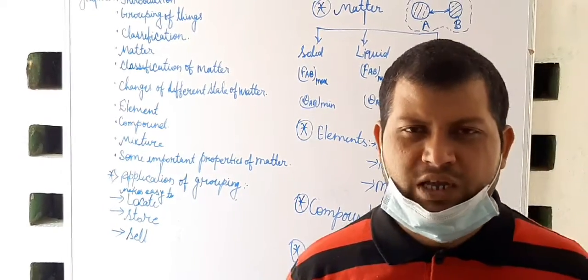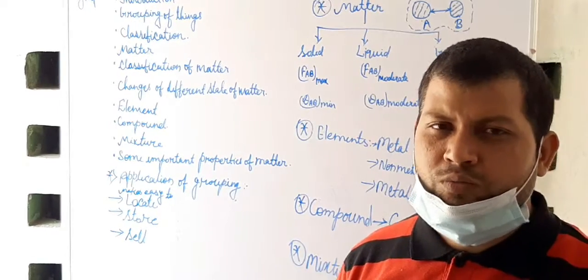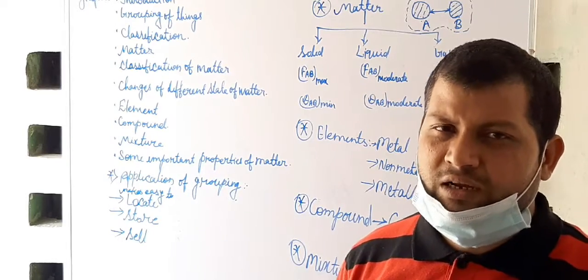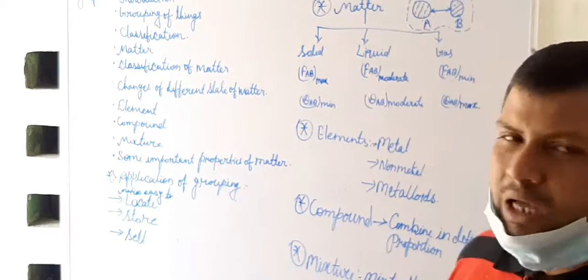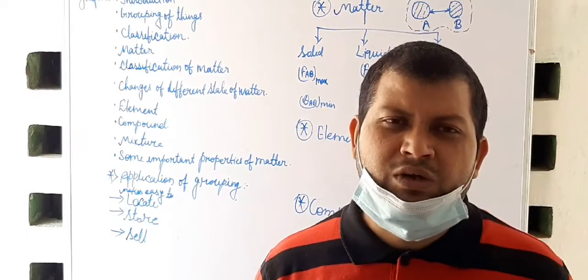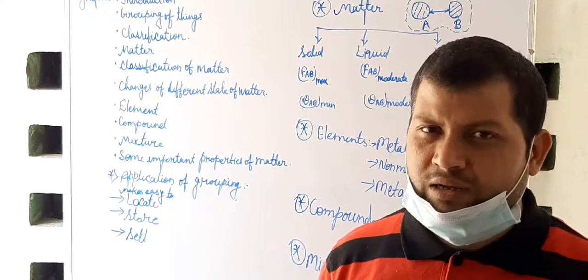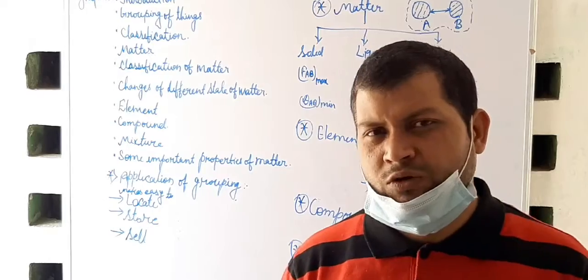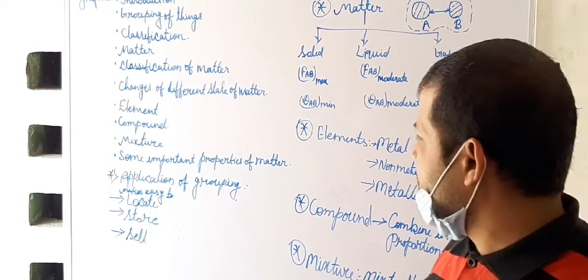Here sodium and chlorine combine to form a new product called salt, sodium chloride, and it is an example of a compound. Another example of a compound is H2O, water. It is a combination of hydrogen and oxygen in definite proportions.